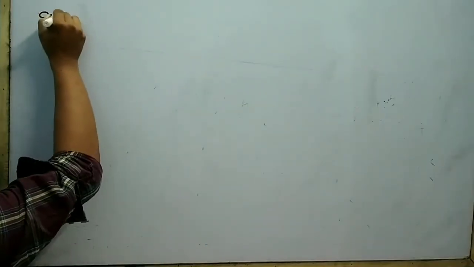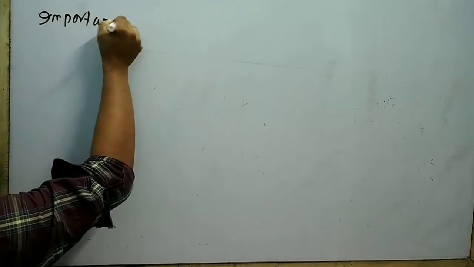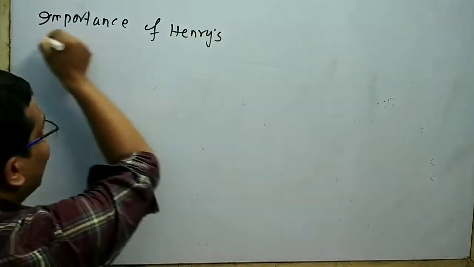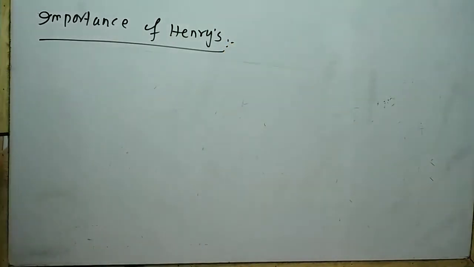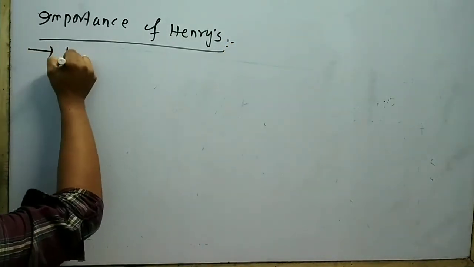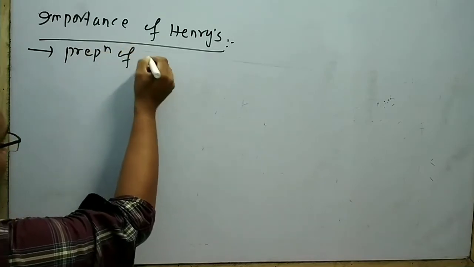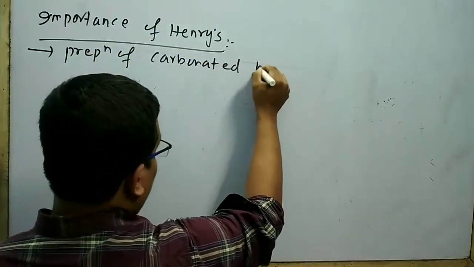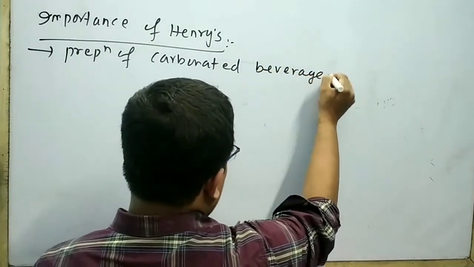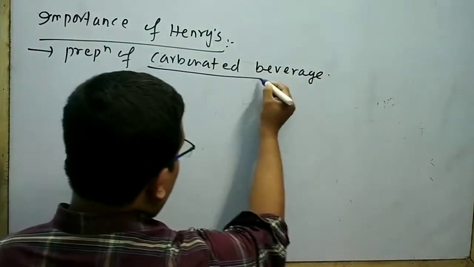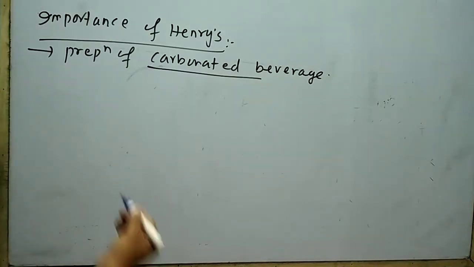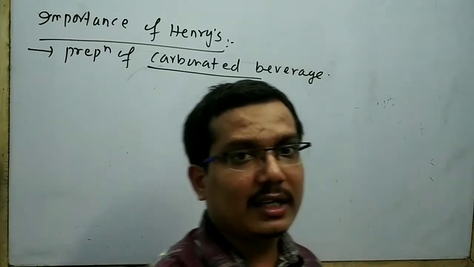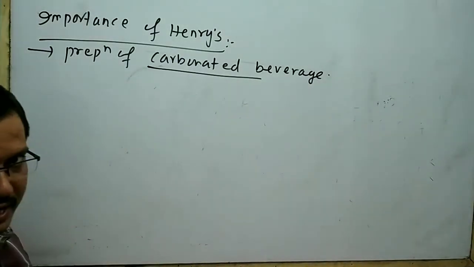Next I will explain the importance of Henry's law. What are the importance of Henry's law? First is the preparation of carbonated beverage. In the preparation of carbonated beverage, generally we apply Henry's law, to decide what amount of gas is dissolved in the liquid solvent.